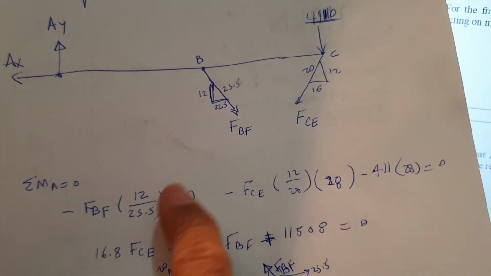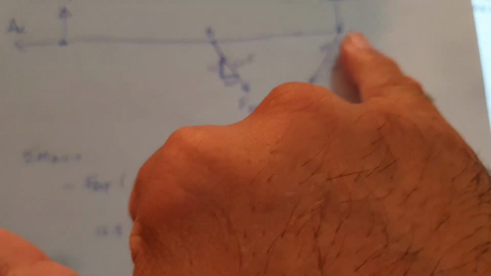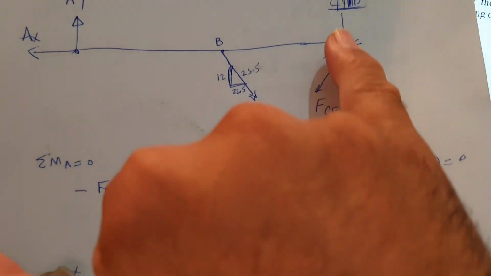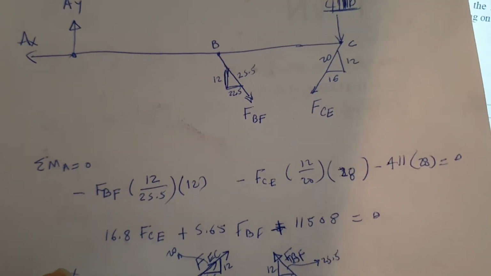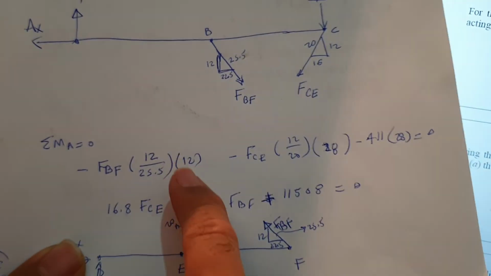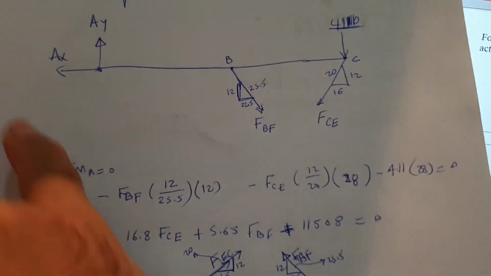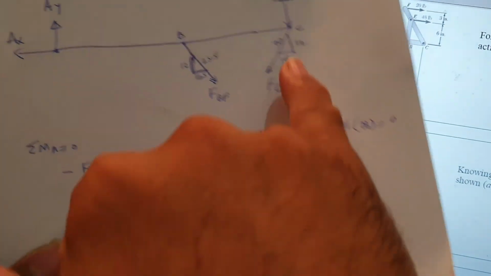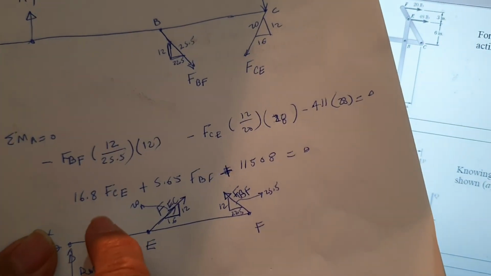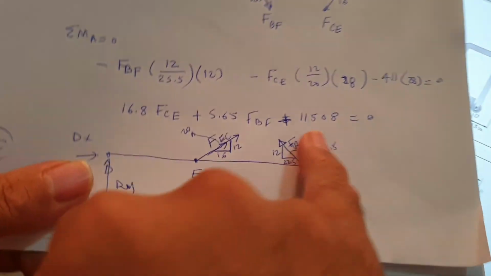Summation of moment: 12 over 25.5 times this distance, 12 inch. And FCE, we take it the same way, negative, minus FCE, 12 over 20, times this perpendicular distance, and also minus 411 times 28, the total distance. You would get an equation with two unknowns, like that.